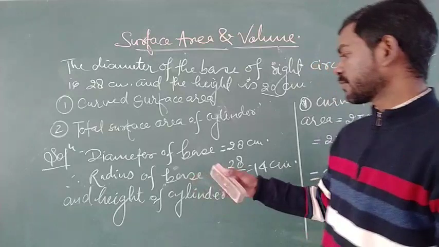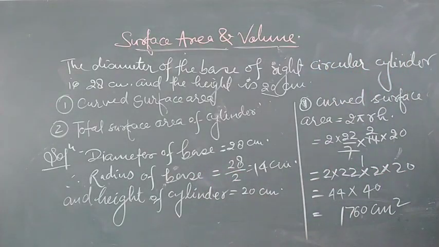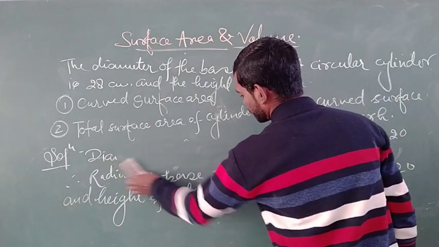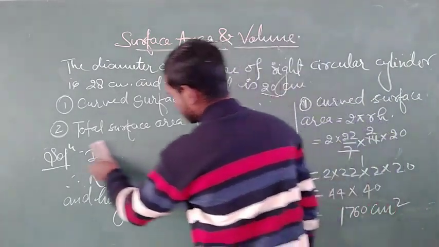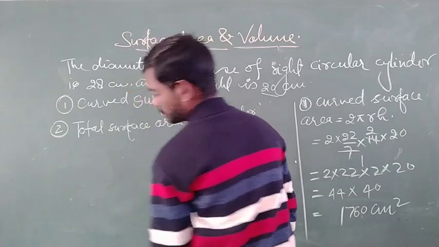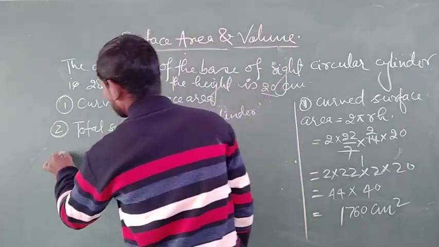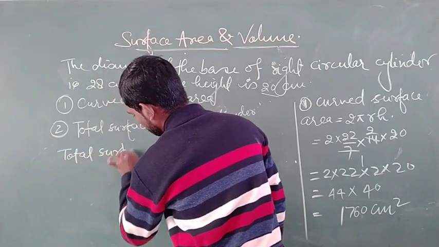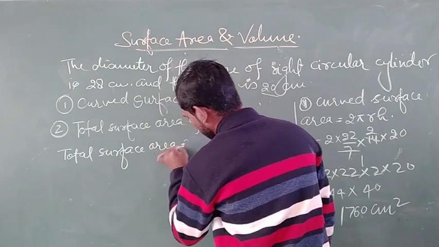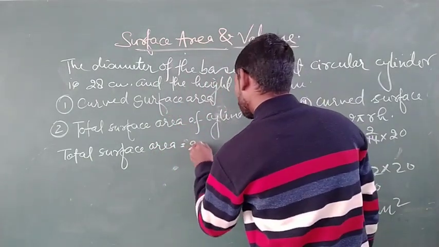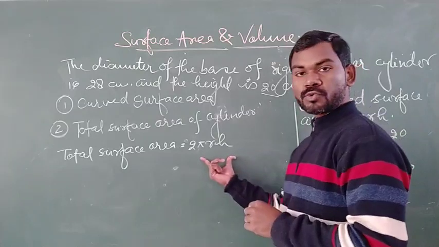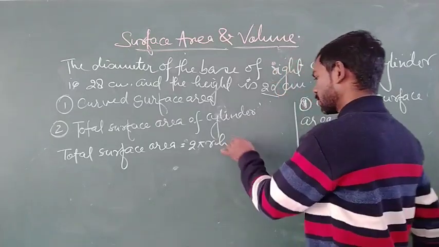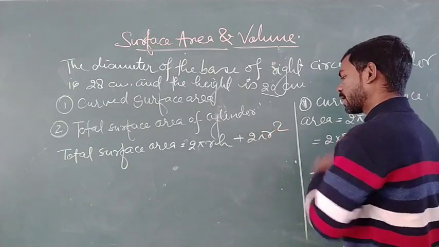The second part is to find out the total surface area of the cylinder. So here we find the total surface area of the cylinder. The total surface area is given by 2 pi r h, which is the curved surface area, plus 2 pi r square.